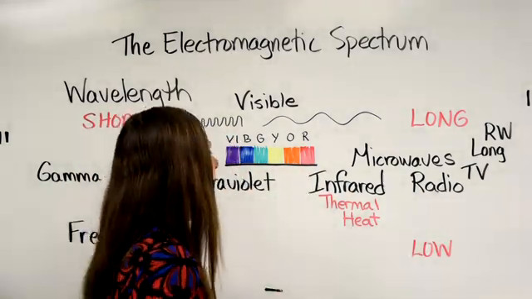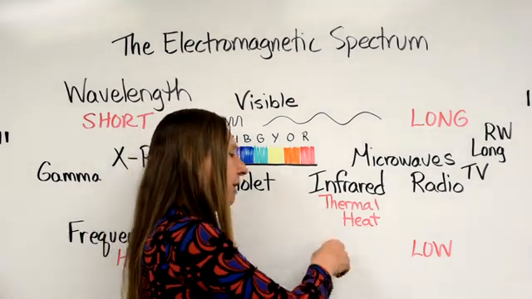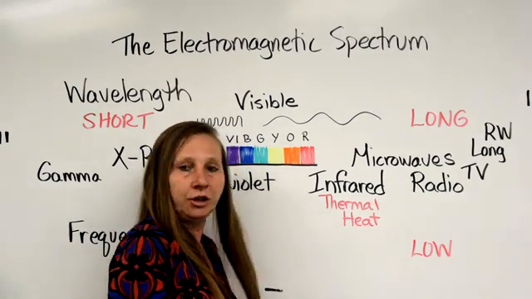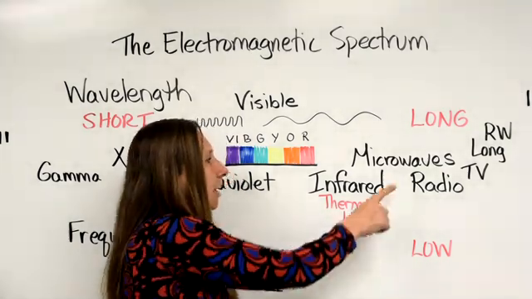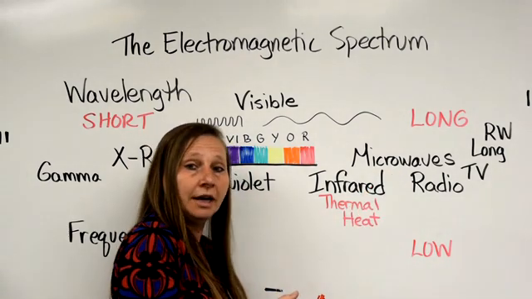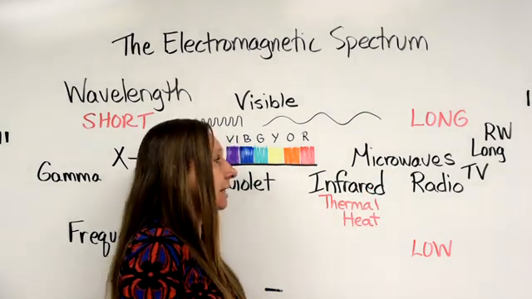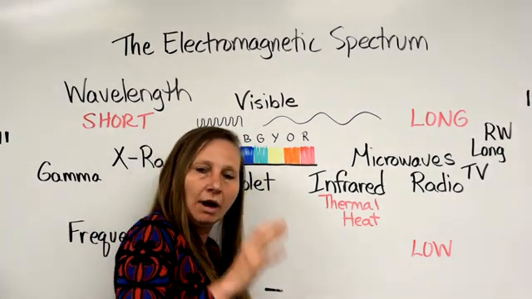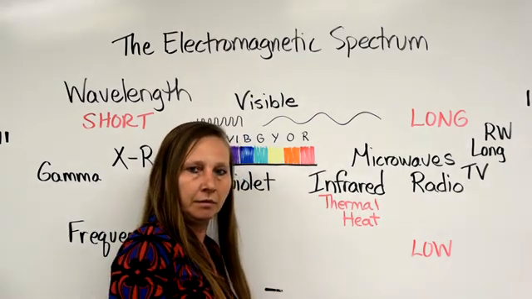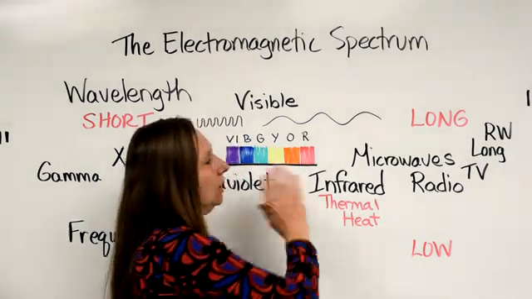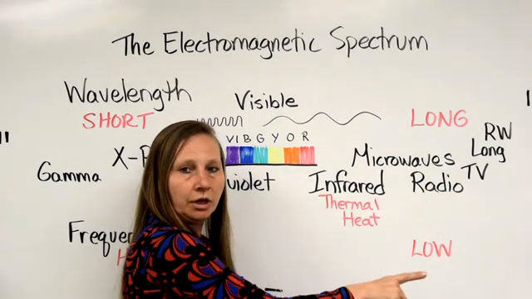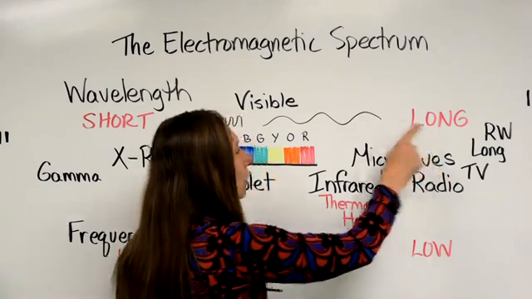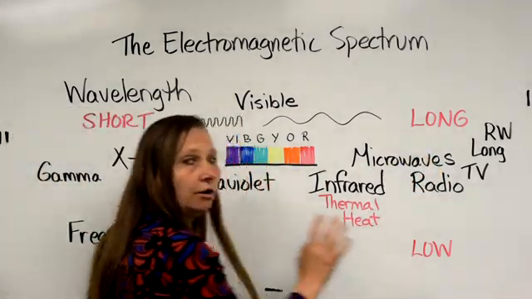Now, if you get caught in a fire or you burn your hand, then it's too much infrared, and that's not safe. If we were to put you inside the microwave oven, don't ever do anything like that. Obviously, that would be very, very bad. All of this is relative. But generally speaking, under normal circumstances, these types of light listed over here are safe because they are long wavelength and low frequency.